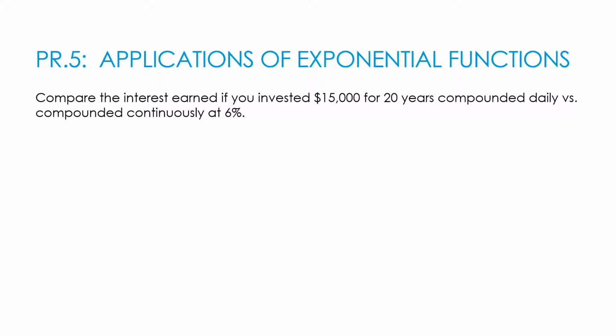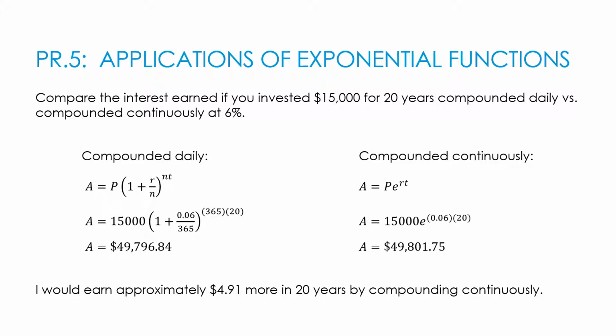Let's look at the interest. If I invested $15,000 for 20 years, compounded daily, so 365 times per year, versus compounded continuously at 6%. So I'm going to let you press pause here and try this question. When you're done, press play to see how you did. Again, this one's super straightforward if you know the two formulas, and the two formulas are, this is for compounded however many times per year, this is for compounded continuously that we just talked about.